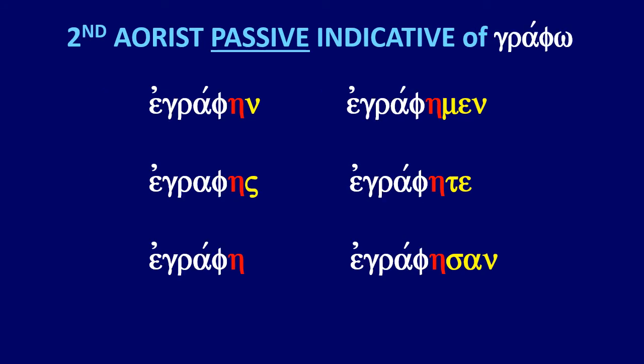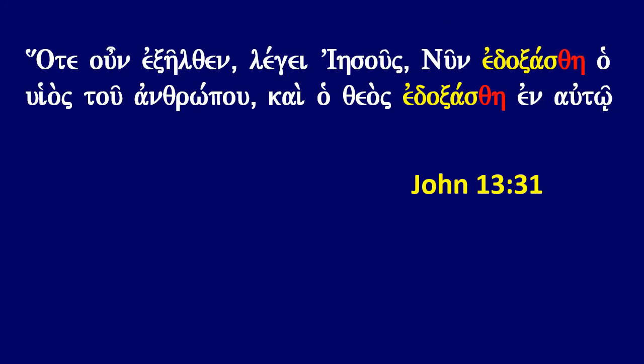and now the second aorist passive indicative form without the theta. And here is an example taken from a verse in the New Testament in John 13, verse 31, where we have, in the setting anyway, the context, the gathering of the disciples with the Lord Jesus, and Judas has just gone out at this point. And so what we have here is an interesting example of two uses of the verb doxazo, I glorify, here in the aorist tense.